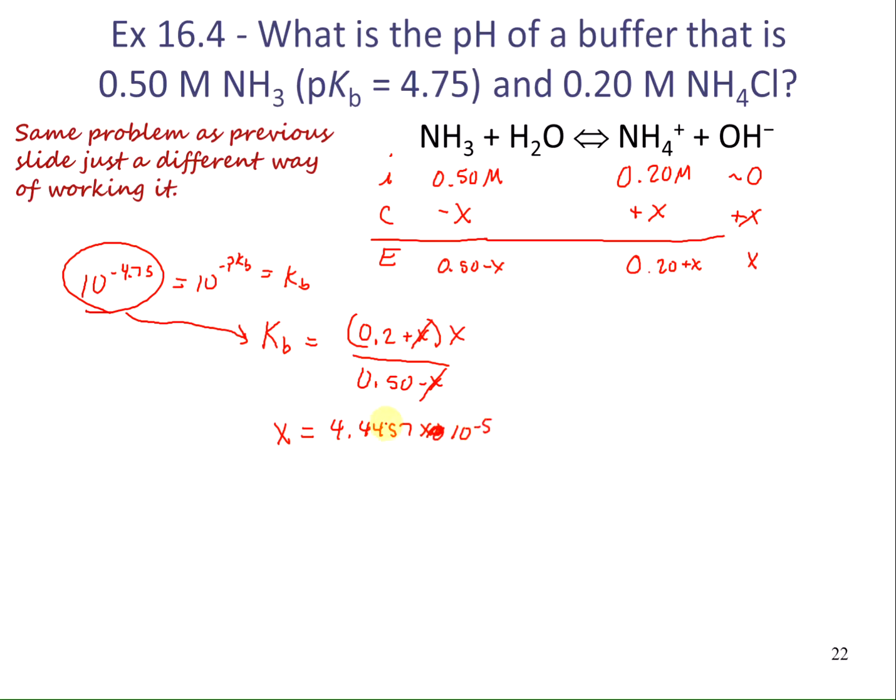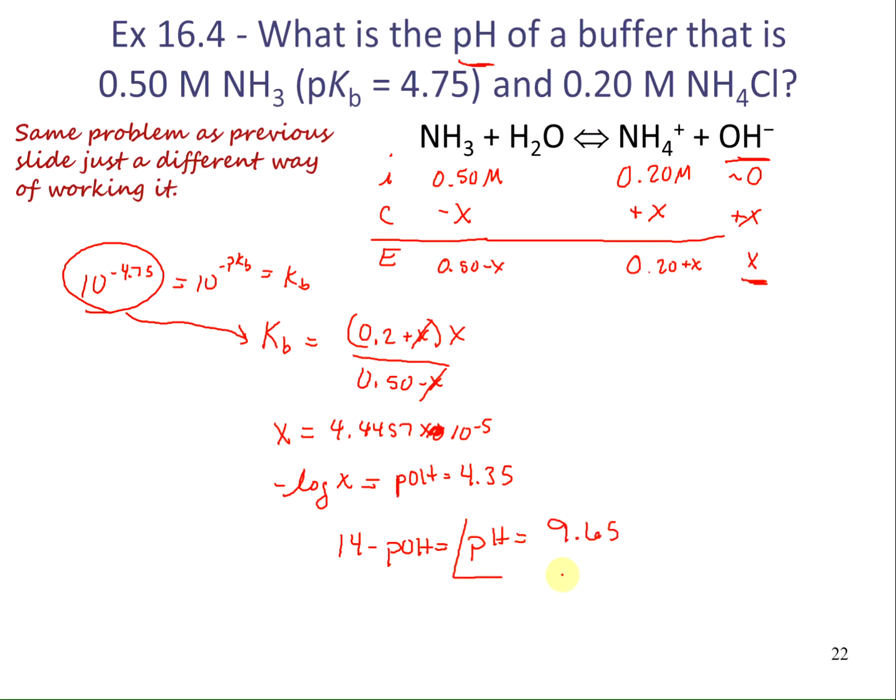If I take the negative log of x, and remember x is my hydroxide concentration, that gives me my pOH, and in my calculator I get 4.35. But they don't want the pOH, they want the pH. So 14 minus the pOH gives me my pH, and that pH value is 9.65.